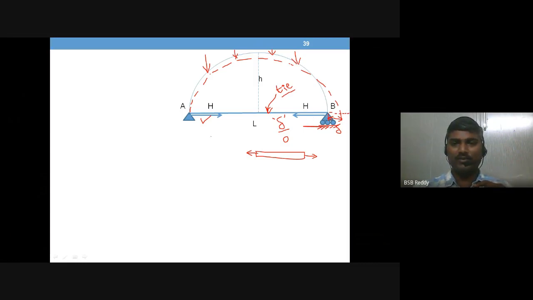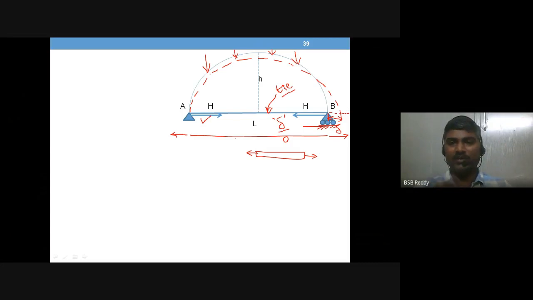Okay, they are the forces, right? So if you separate the tie member, what is going on for the tie? If you look at the tie, the tie is being pulled.